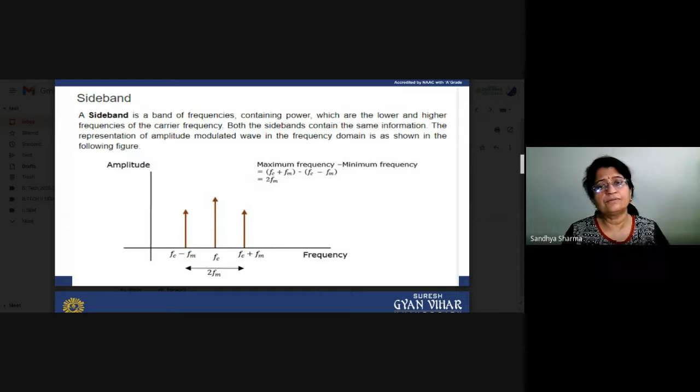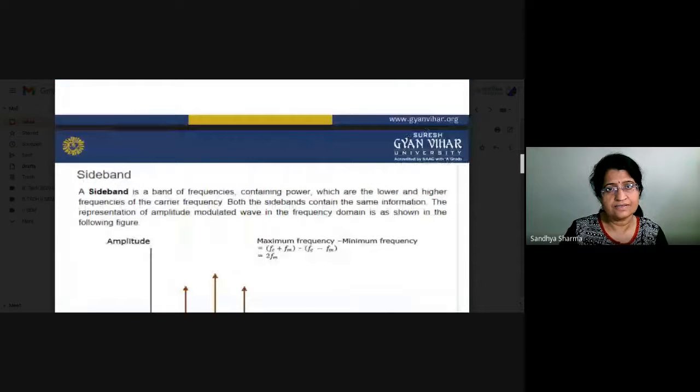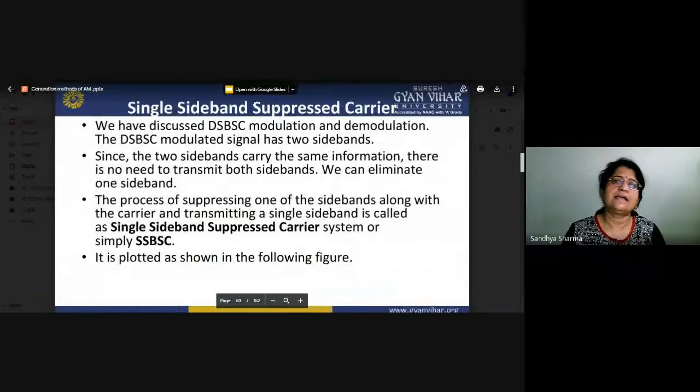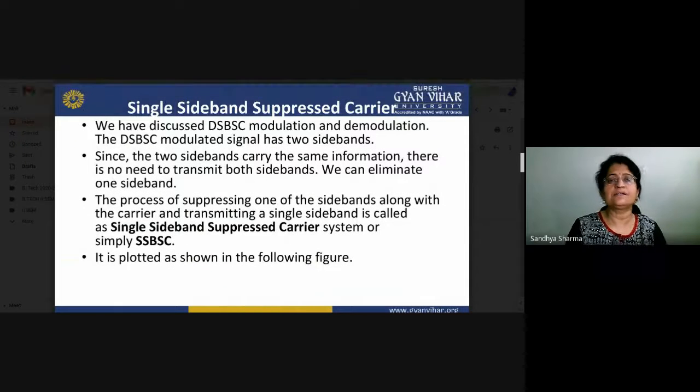First of all, we will see why we are using the single sideband and what its use is. As we have also seen in our previous lectures, double sideband can be transmitted with the carrier and without the carrier.